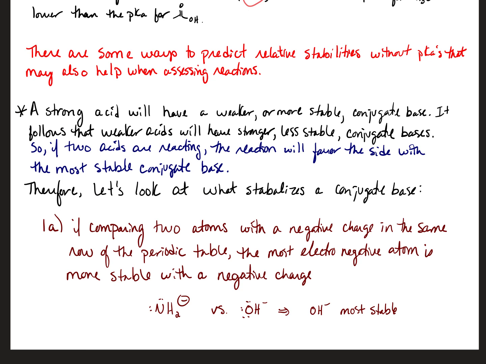There are ways to predict the relative stabilities of the conjugate bases, and that will help us determine what's going on with the reaction. Okay, first thing to understand here, and we sort of talked about that in the last video, when you have a strong acid, it's going to have a weaker, which means that it's more stable, conjugate base.